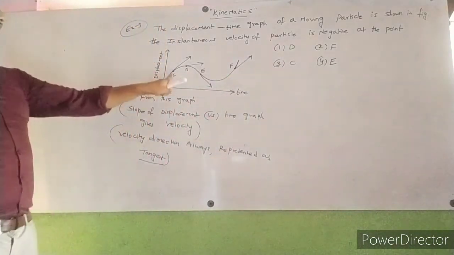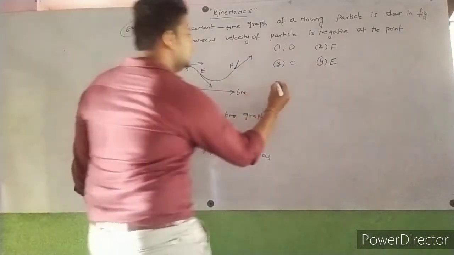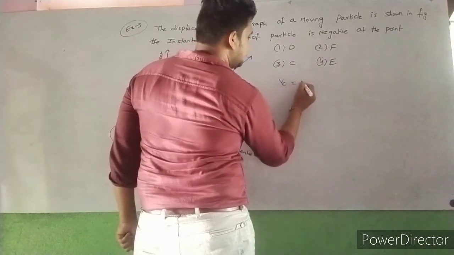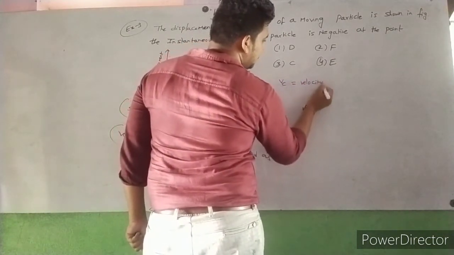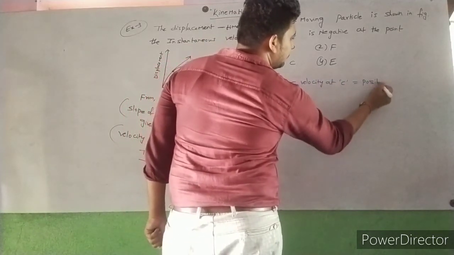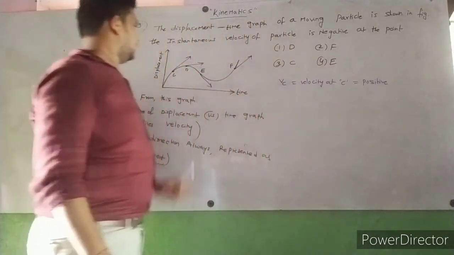Observe carefully. Velocity at C, VC, is positive.